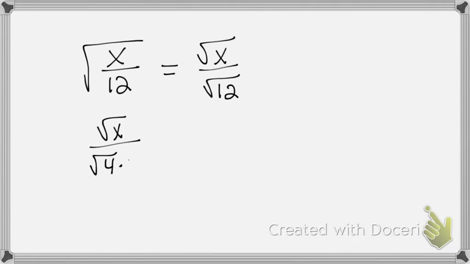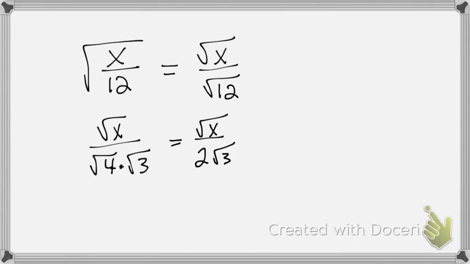Now make sure when you're writing this, you keep your numbers inside the radical. I'm not simplifying it any right now. I'm just breaking it up. Now when you simplify this, leave that square root of x up top. My square root of 4 becomes 2, and then you have the square root of 3. I can't simplify that anymore.